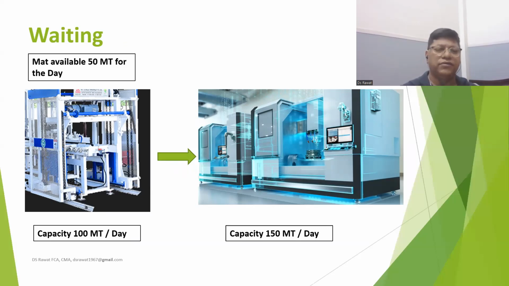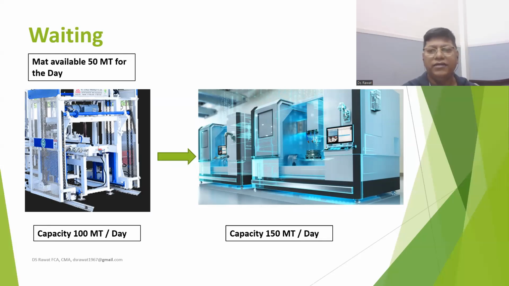Why does the waiting occur? I have given this example. The main machine is producing 100 metric ton per day, but the next machine capacity is 100 metric ton per day. Then what will happen?